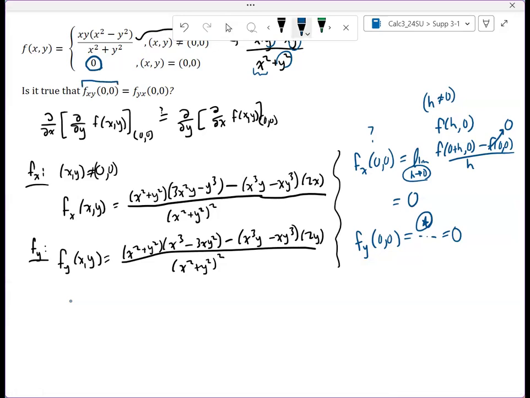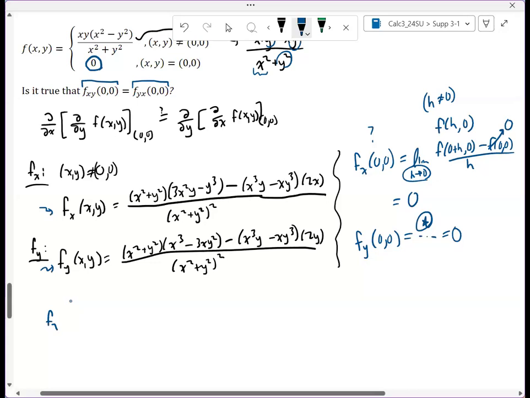Now, I'm interested in whether my mixed partials at 0, 0 are the same. If I'm not being careful about what's being asked, I might actually try to compute my mixed partials, and that would be one heck of a mess. I don't need to compute my mixed partials, and in fact, I really don't want my mixed partials as functions of x and y, because that's really not what I'm looking for here.